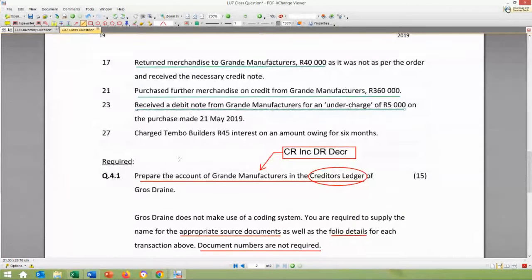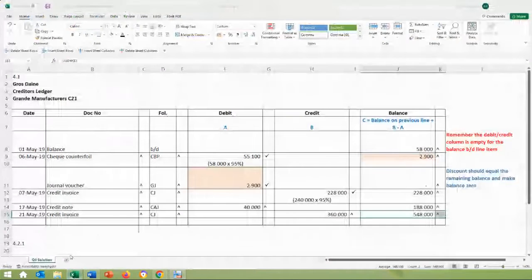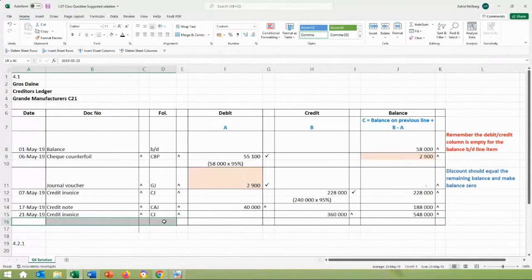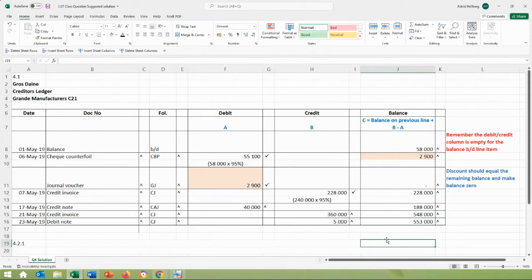Because it's a debit note, your document is a debit note here, and it will still go to your creditors journal, okay? And we will increase our balance with that 5,000 as well to get to a new balance of 553,000.